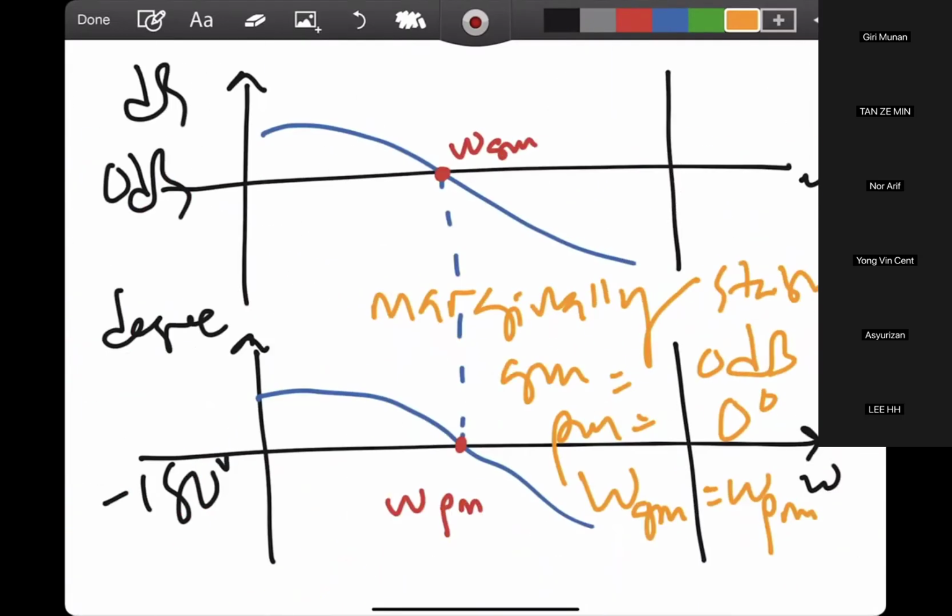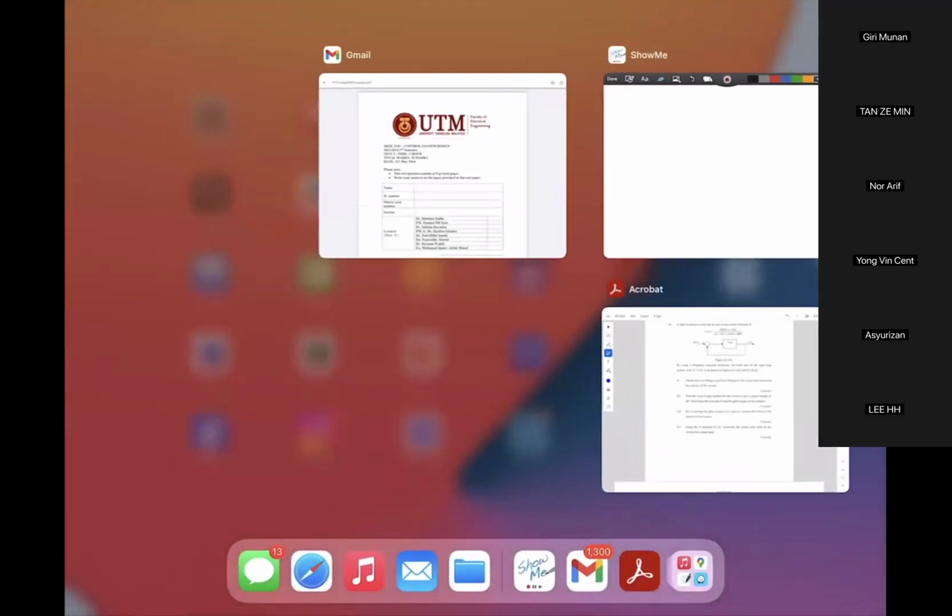But for this one, it's not above and not below 0 dB, and not below minus 180 degrees, due to the fact that the crossover frequency for both gain and phase is the same. Okay? Clear?